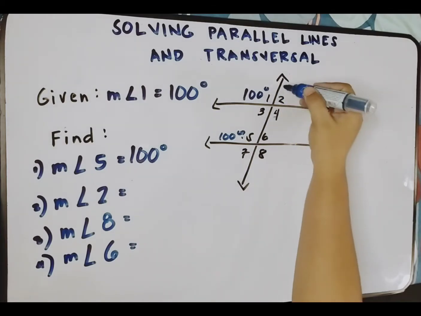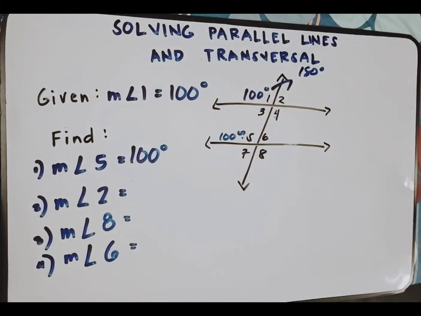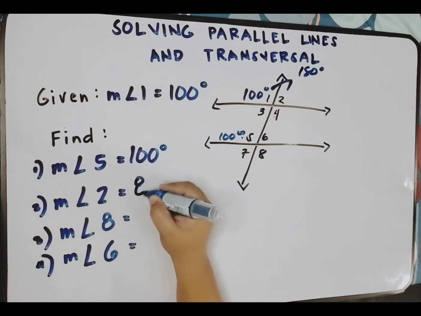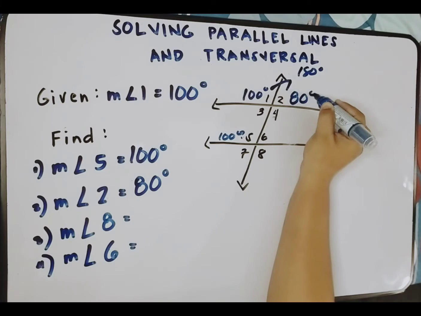Dapat itong dalawang to, pag pinag-add, equal kay 180 degrees kasi nga supplementary. So, therefore, if this is already 100 degrees, subtract na lang natin 180 minus 100, meaning to say that angle 2 is equal to 80 degrees. So, 80 degrees na siya.